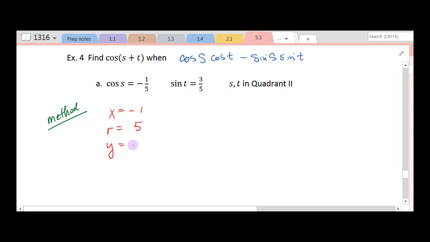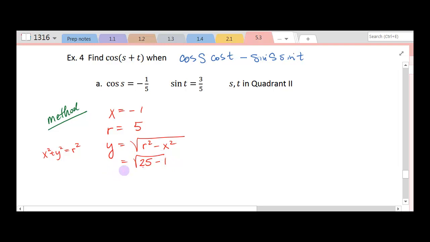So I do that using the Pythagorean theorem, which says x squared plus y squared is equal to r squared. If I solve this for y, I see that that's really the square root of r squared minus x squared. So I just rearrange this formula. Plugging in, this is going to be 5 squared, which is 25, minus negative 1 squared, which is 1.